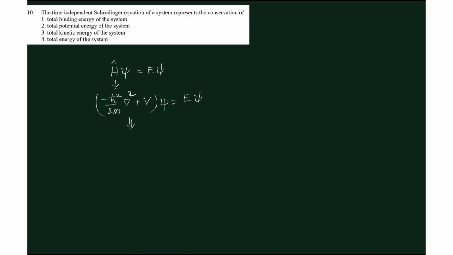This is nothing but the total energy operator of the system. So does the time independent Schrodinger equation represent total binding energy, total potential energy, or total kinetic energy? No, this is the total energy of the system. So the answer is 4.